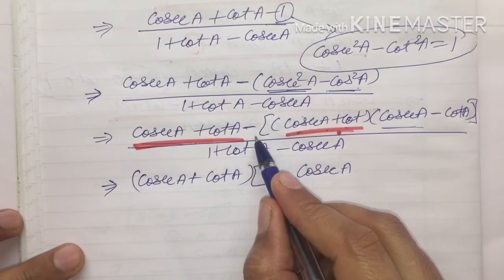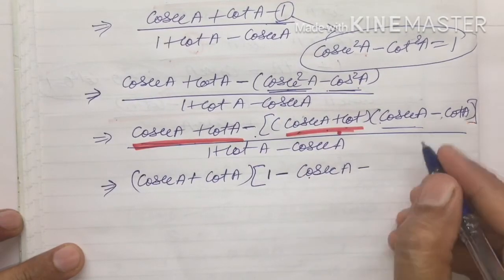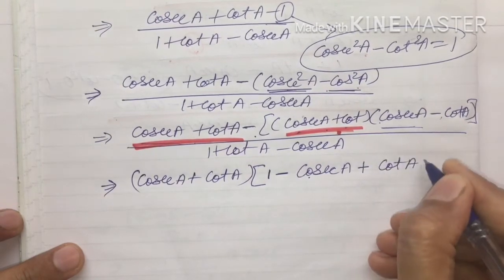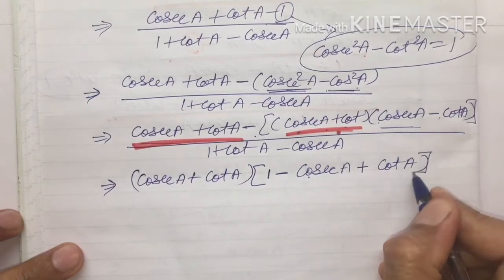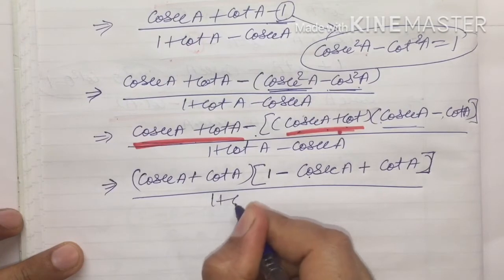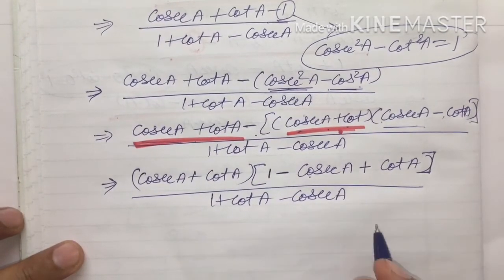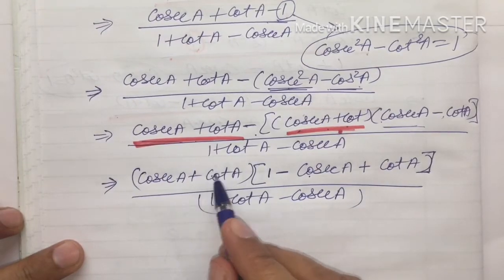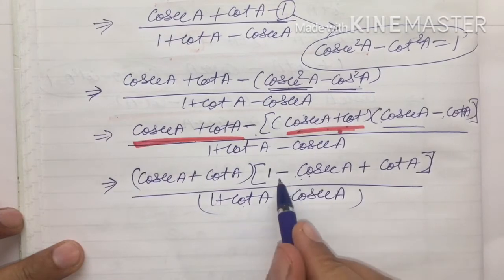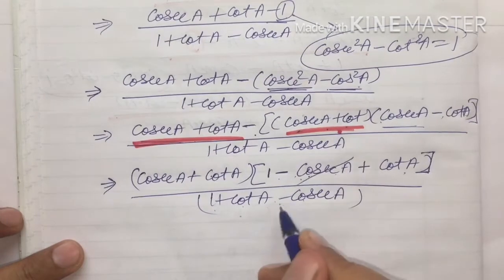In front of the bracket a minus is there, so cosecant will be minus, and this minus will change into plus, so plus cot A, and the bracket is there, upon 1 plus cot A minus cosecant A. As in the numerator these terms are in multiplication, the same terms, 1 minus cosecant A plus cot A, we can cancel.